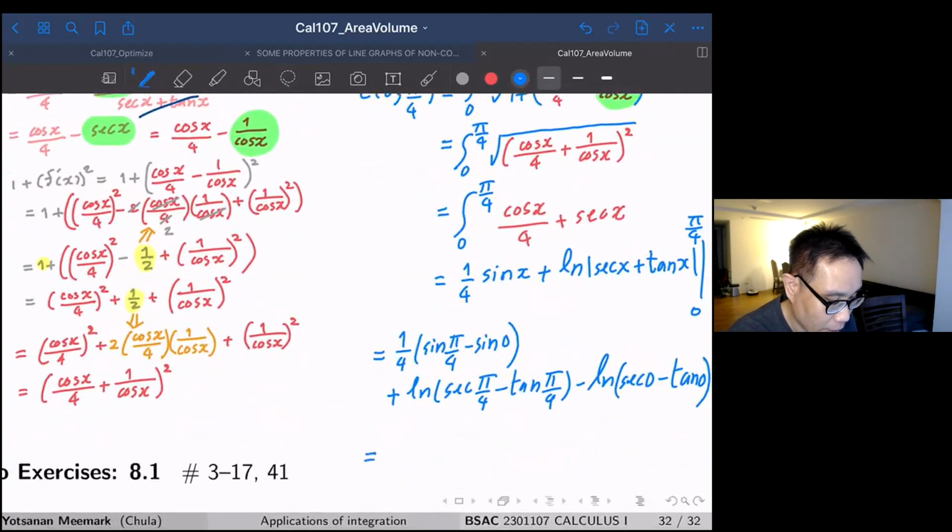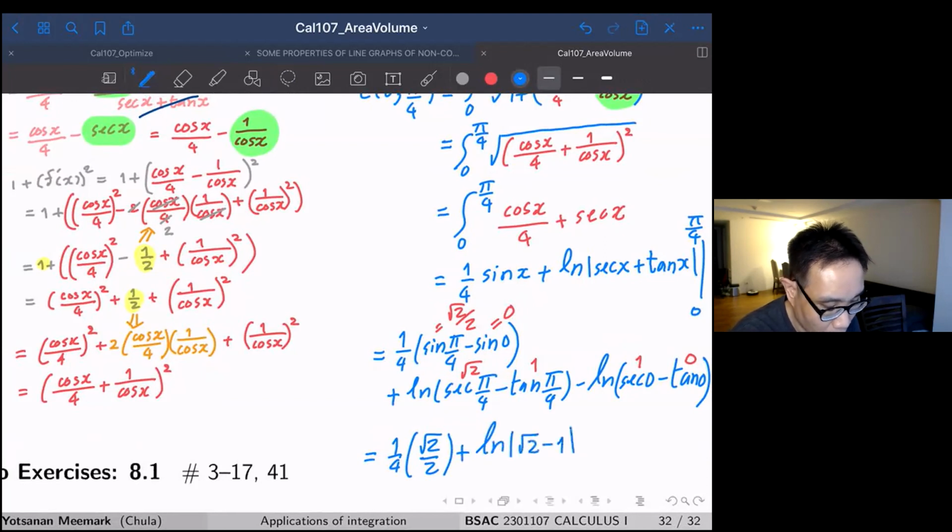Finally, you have 1/4 sin pi over 4 equal to 1 over root 2, or root 2 over 2, sin 0 equal to 0. Okay, sec pi over 4 is root 2, tan pi over 4 is 1, and sec 0 is 1, tan 0 is 0. So the final answer turned out to be just root 2 over 2, and you have plus log of absolute root 2 minus 1.